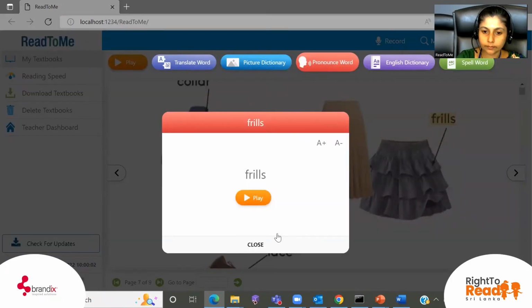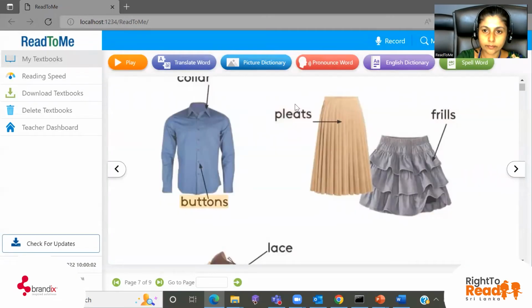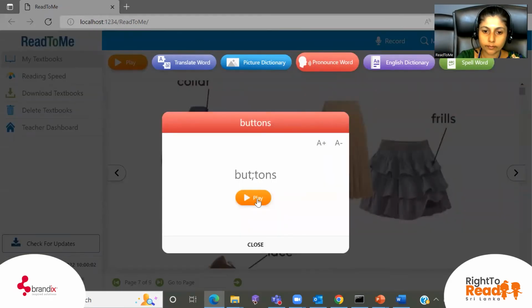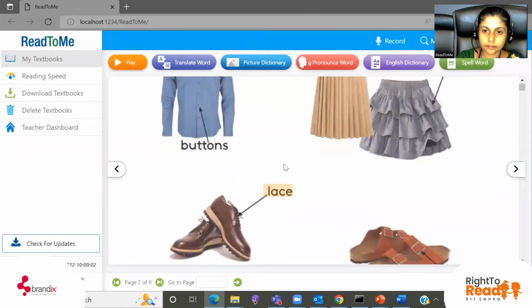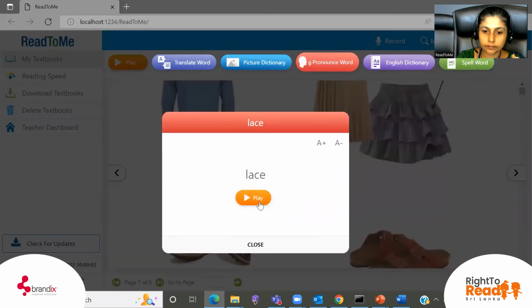Frills. F-R-I-L-L-S, frills. Buttons. B-U-T-T-O-N-S, buttons. Lace.